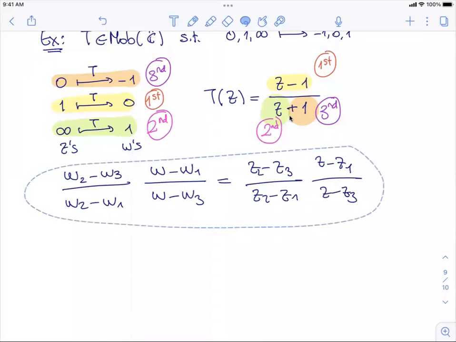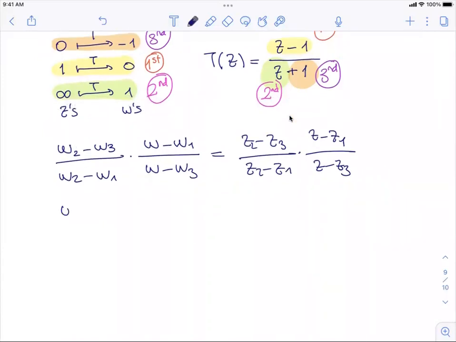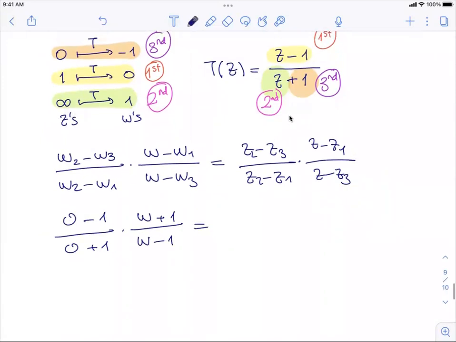All right, so let's do it. So we have W2, which is 0 minus 1 divided by 0 plus 1, because it's minus 1, times W minus W1, W minus W3 equals, and here the Z's.